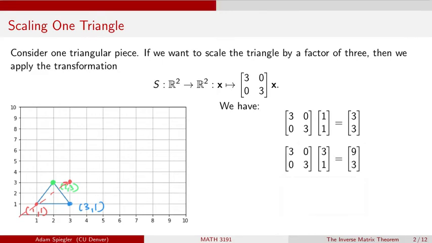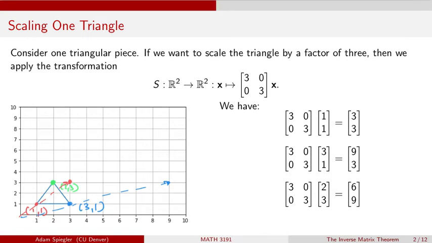Next, we could take a look at what happens to the vertex at 3, 1, and it similarly is going to get mapped 3 times further away to the vector at 9, 3. So that would be over here someplace. So this vector is getting moved 3 times further away, and similarly, we're going to take the vertex at 2, 3, and we are going to map that over to 6, 9.